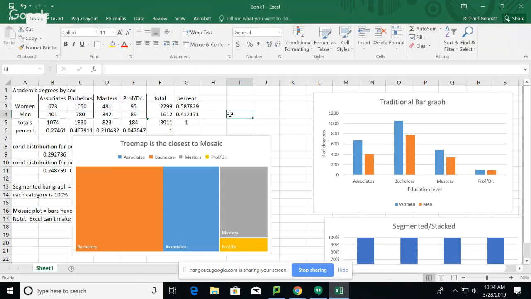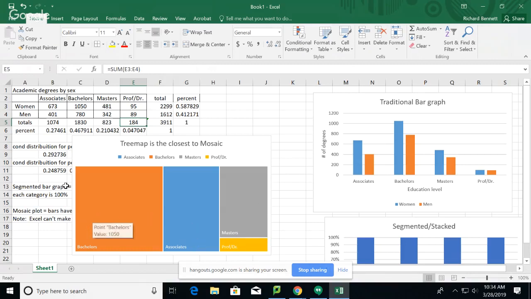It's not exactly a mosaic, because the problem is, look, the professional and the masters stack on each other. It looks like they are equally wide, and they should not be, because when you look at your table, you've got 800 versus 184. So these should not be the same width.